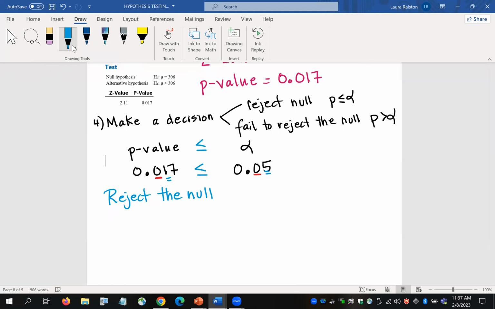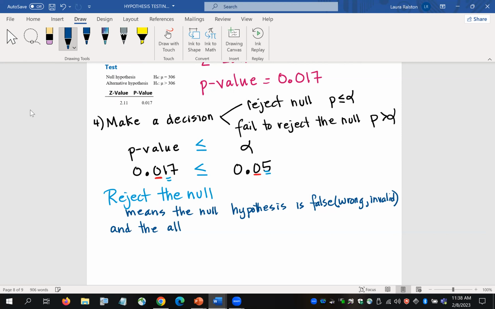Now, if we reject the null, that means the null hypothesis is false, wrong, or invalid. And the alternative hypothesis is true or valid.